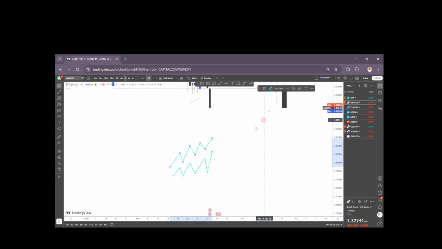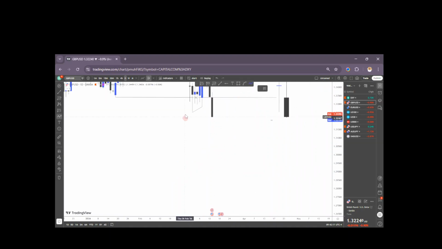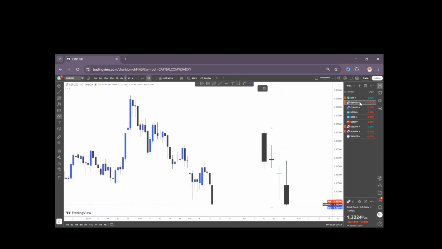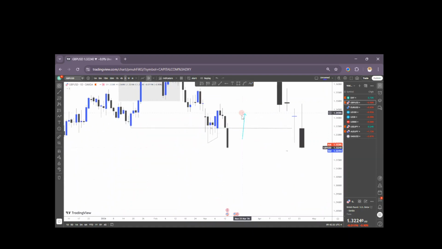So what you realize here is that Euro USD, in this example, you can see here, made a low, while GBP USD made a higher low. So we had something like this.